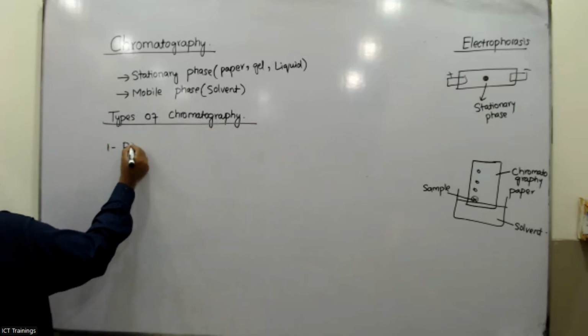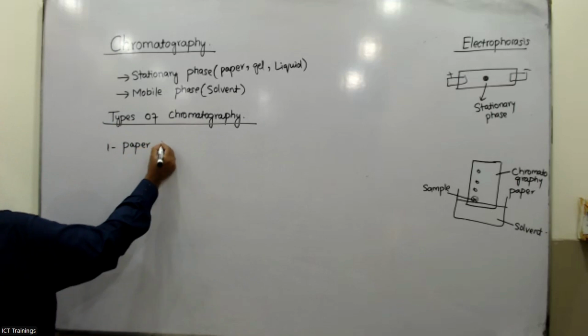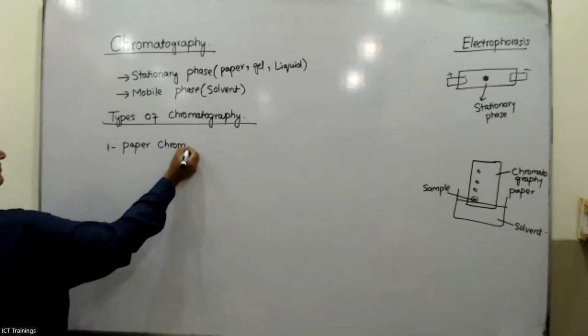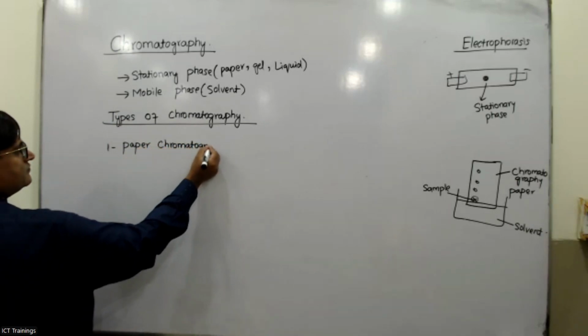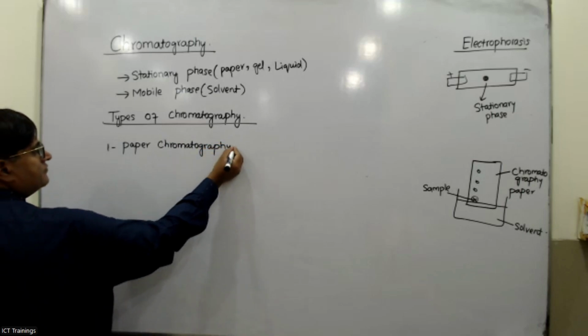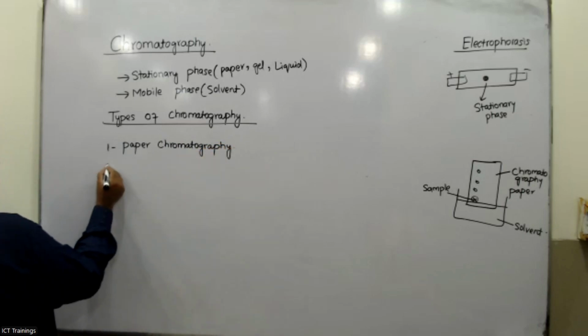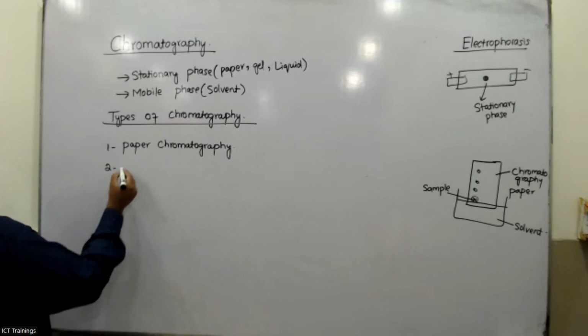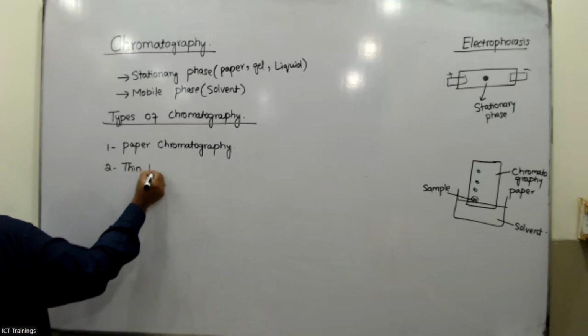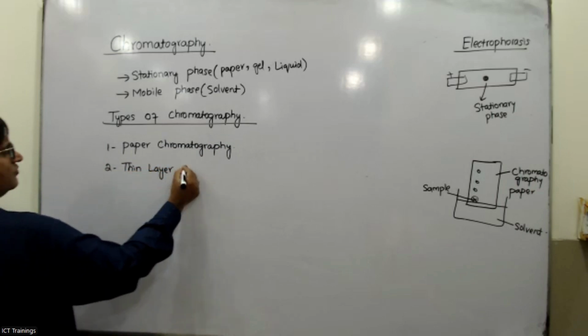The first one is called paper chromatography. The second one is called thin layer chromatography.